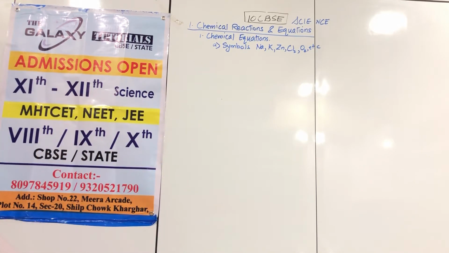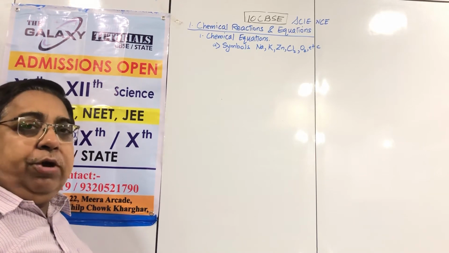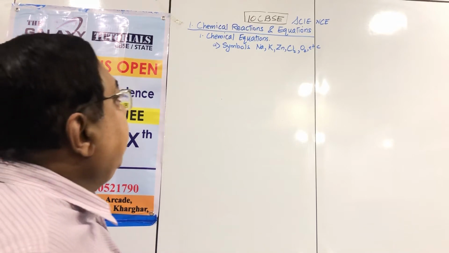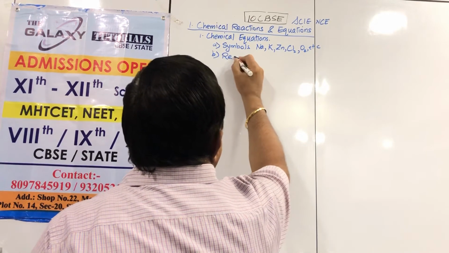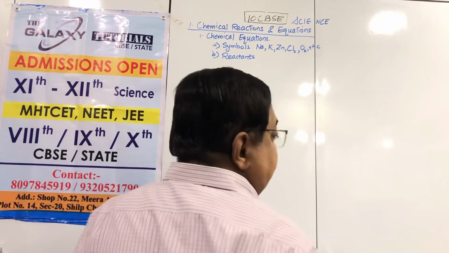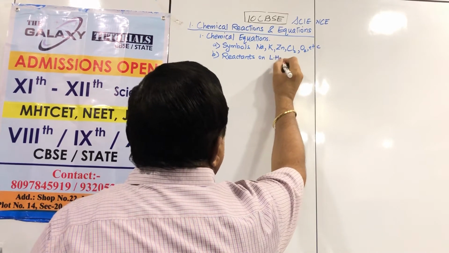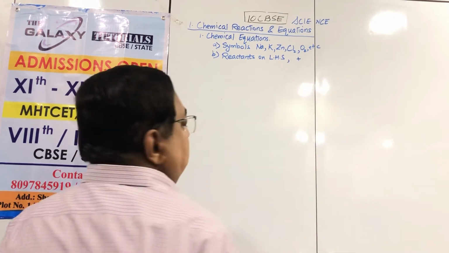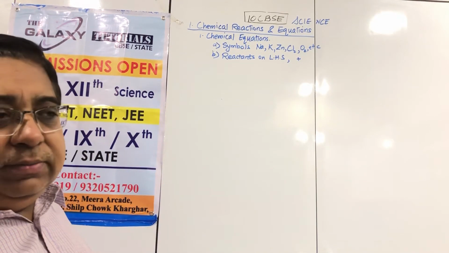You will have to memorize the first 20 elements in the periodic table, which will help you throughout the year. Okay? Second, we show reactants. Substances which are on the left hand side are reactants. And we use a plus to show the reaction between one and the others.